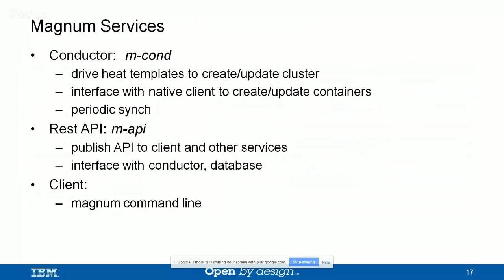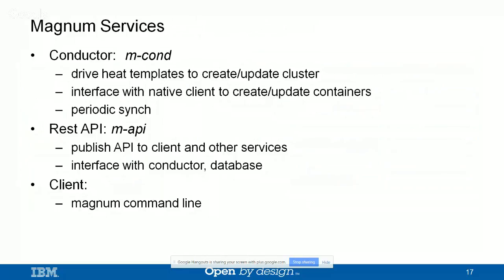The second service is the REST API, and this publishes a REST API to the client, so that when you run the Magnum client, it basically talks to the REST API. And if you build other services that talk to Magnum, you will talk to Magnum through the REST API as well.